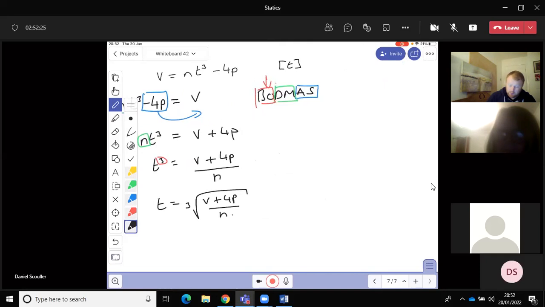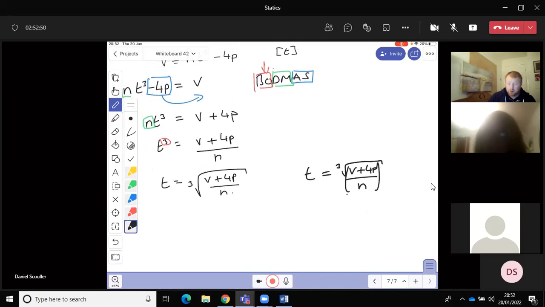A very common way to write that out, and this is wrong by the way, would be just doing the root over the top line, divided by n. You wouldn't get a mark in the exam for that because that root sign doesn't clearly take into account that whole expression.